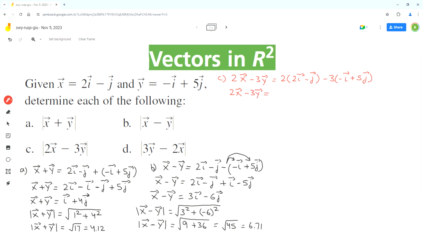So we have to distribute the 2 and the negative 3 into the parentheses.